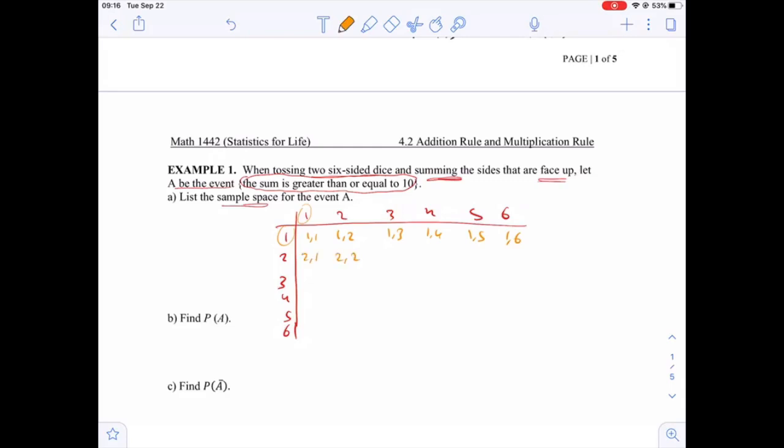Or 2, 1, 2, 2, 2, 3, 2, 4, 2, 5, 2, 6, or 3, 1, 3, 2, 3, 3, 3, 4, 3, 5, 3, 6. I will complete this.